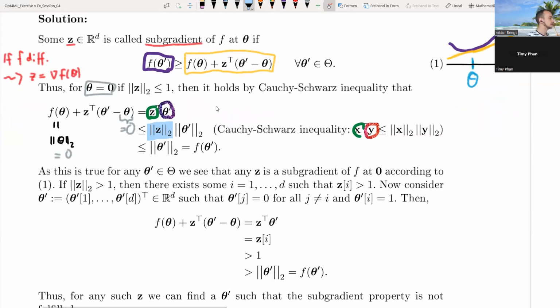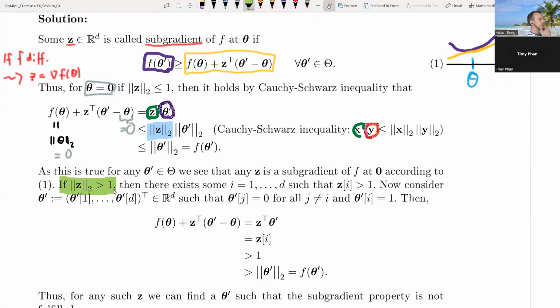So what we look at now is the case that our z is an arbitrary point outside the unit L2 ball. When it's outside the unit L2 ball, it means that it has Euclidean norm strictly greater than 1, because otherwise it would be inside the unit L2 ball.